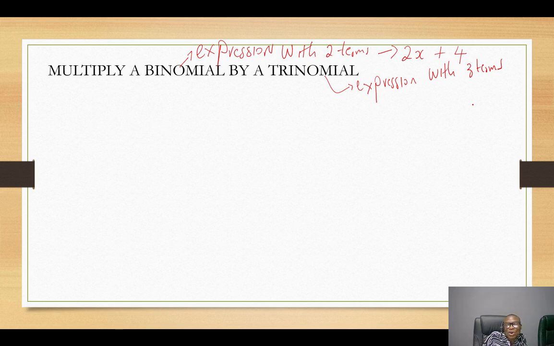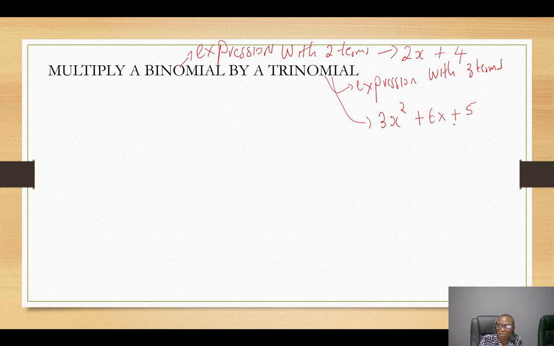Trinomial, so it's an expression with three terms. Let me give you an example of a trinomial. You can think of 3x squared plus 6x plus 5. So this is a trinomial.